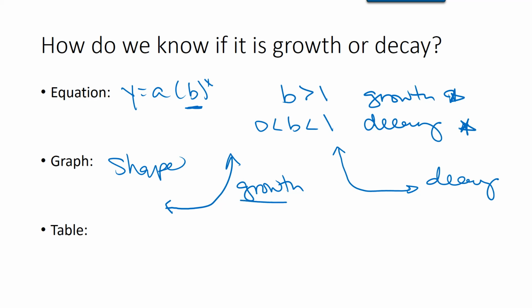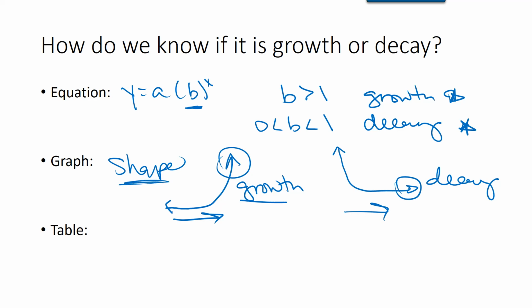Growth implies that it's going to get bigger, and we read graphs from left to right, so it should be getting bigger on the right hand side. Decay, same thing. Decay implies that it's getting smaller. We read it from left to right, so it should be getting smaller as we go from left to right.